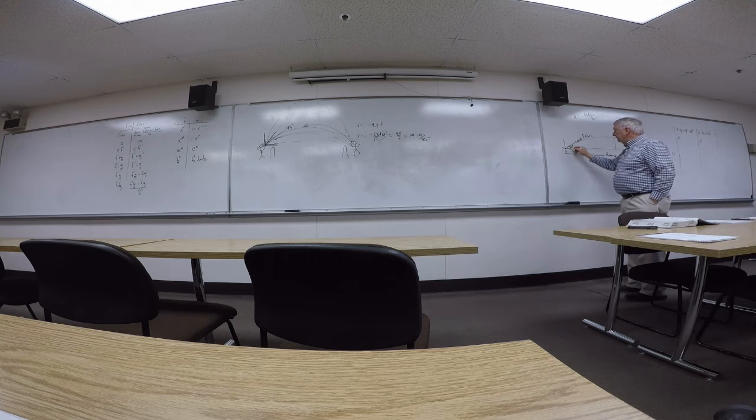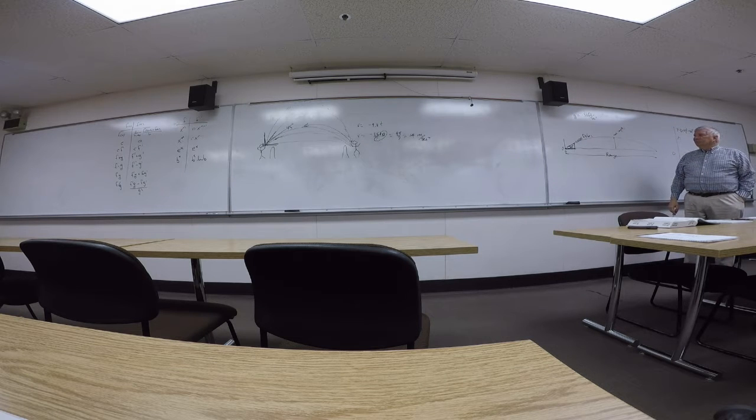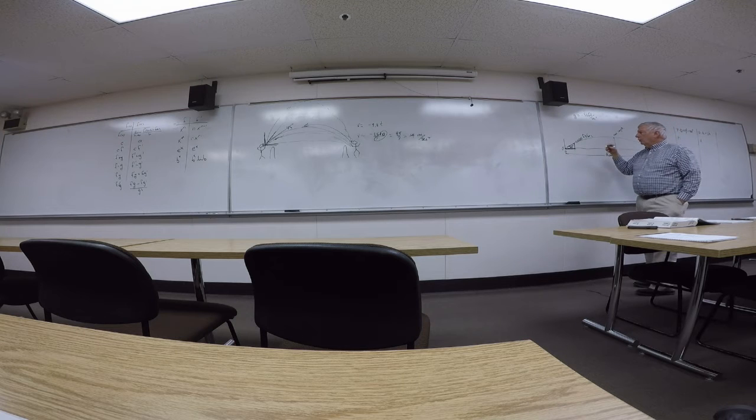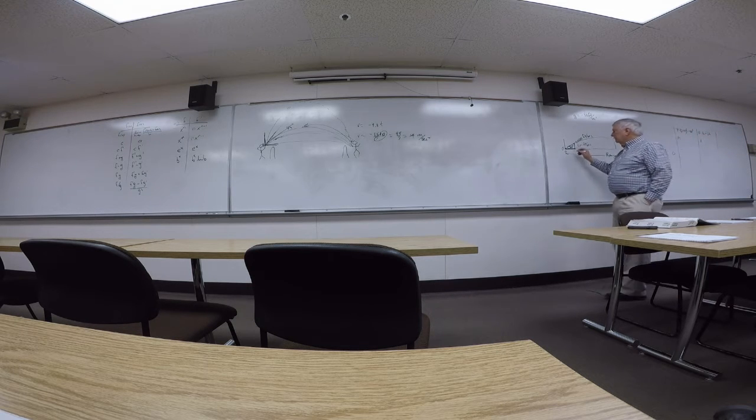Well, if this is 30 degrees, trigonometry, the vertical component is the sine of 30 degrees times 1,000 feet per second, or 500 feet per second. The horizontal component is the cosine of 30 degrees, about 0.866 to 3 decimal places, times the muzzle velocity. That means it's about 866 feet per second.